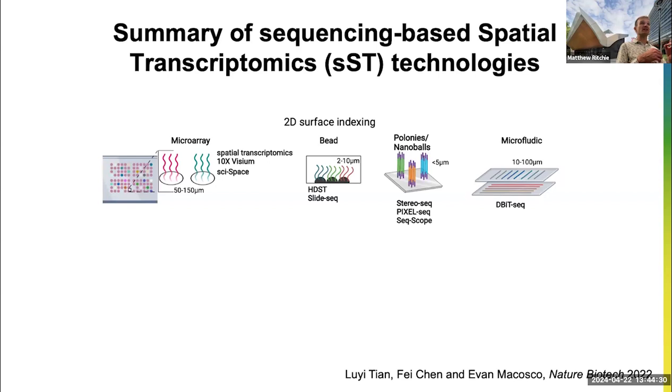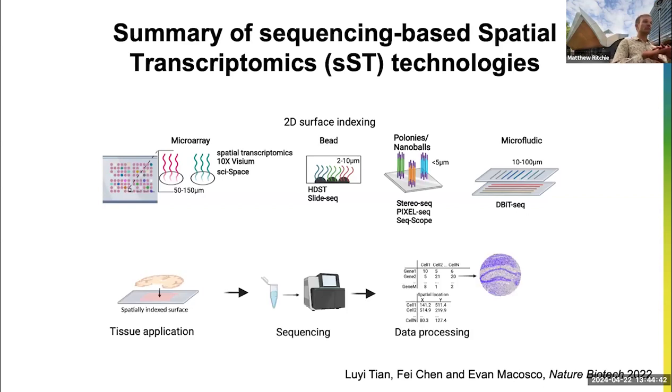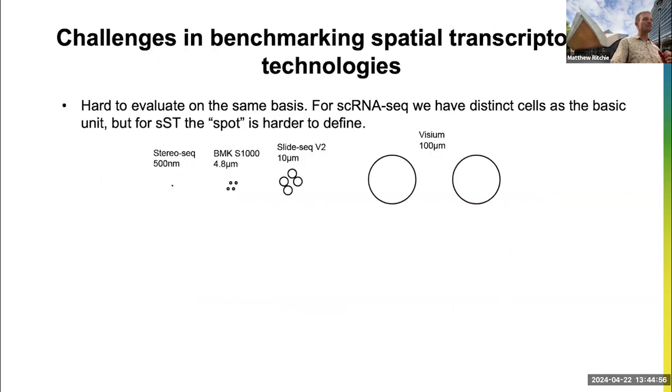You can also have beads or polonies or nanoballs on your surface, or you can use microfluidics. For all of these different approaches, at the end, you've got to have the tissue come in contact with the surface that has these different ways of profiling gene expression. You've got to make a library, and then of course you're going to get your data matrix and do some sensible inference on it. So there's a lot of data processing to happen.